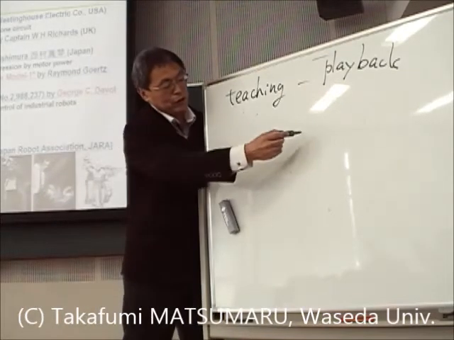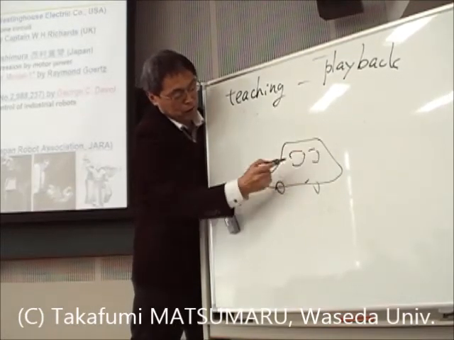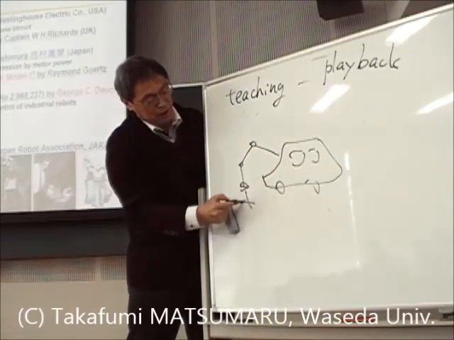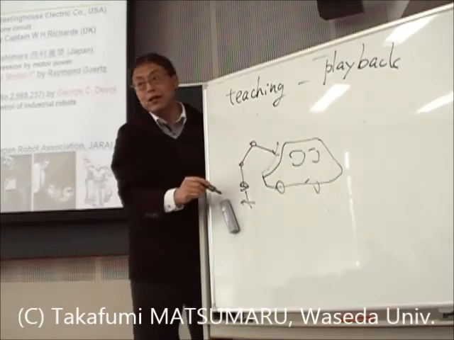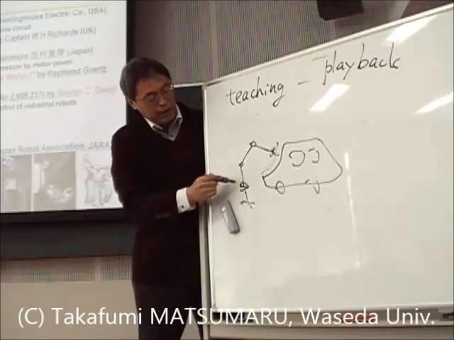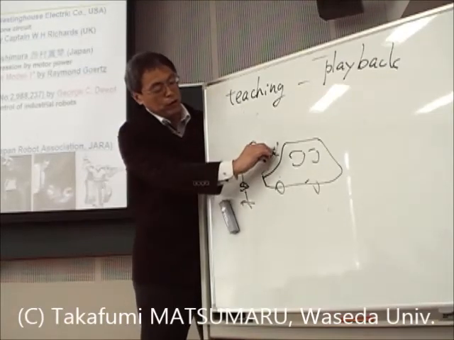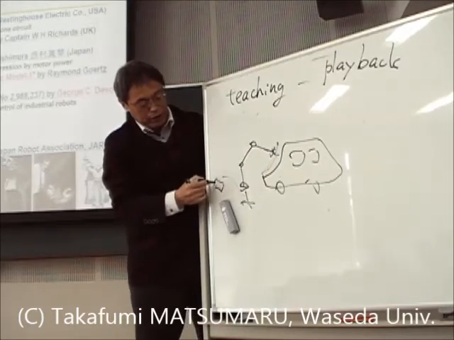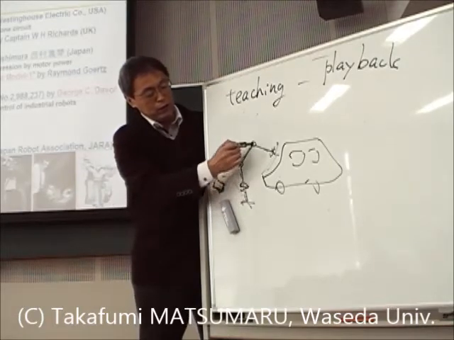For example, if a robot in an automobile factory does a painting task with a spray gun, this trajectory is taught firstly by using a direct teaching method, with the worker holding the end effector and following this trajectory, or a worker using a teaching pendant, the command input system for this robot.